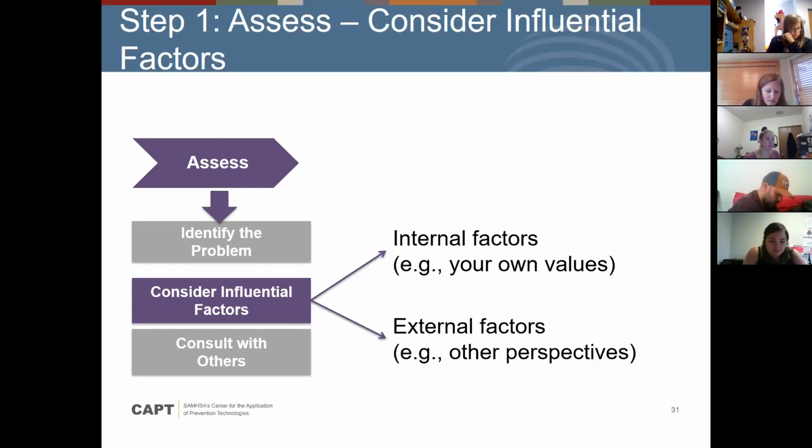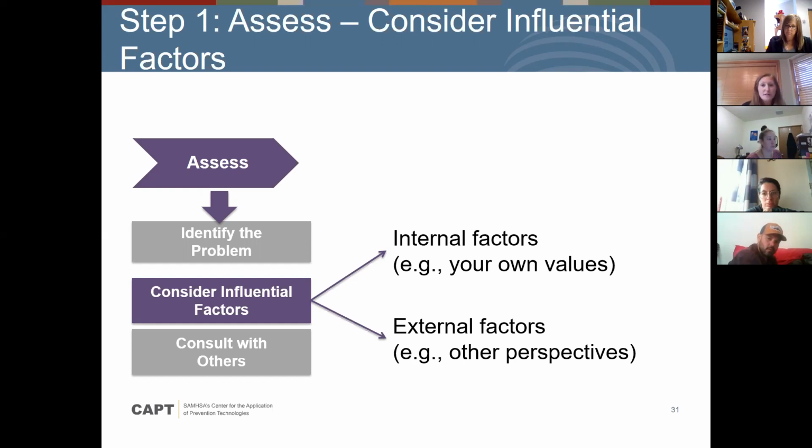So when we think back to Ty's story, what are some of the internal and external factors he should consider as he assesses his problem? So what are some internal factors that Ty might be looking at? Perhaps staying true to himself and what he sees as an ethical obligation versus protecting the reputation of the program. Absolutely.